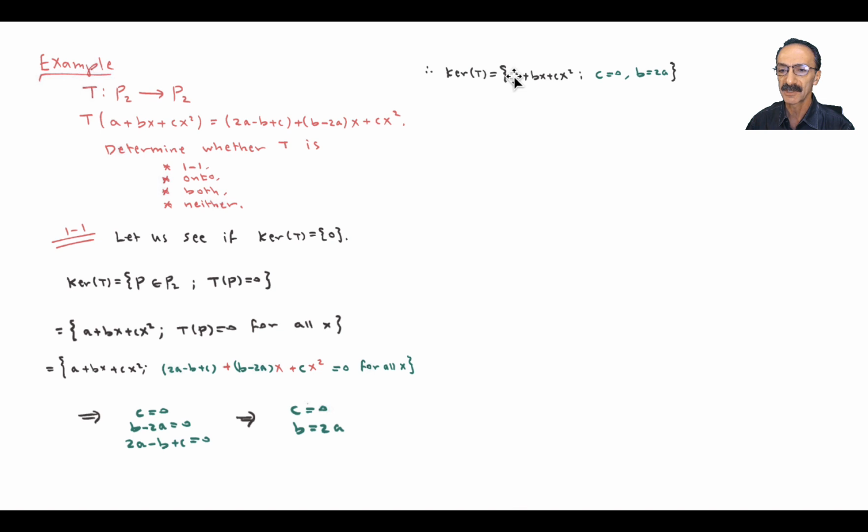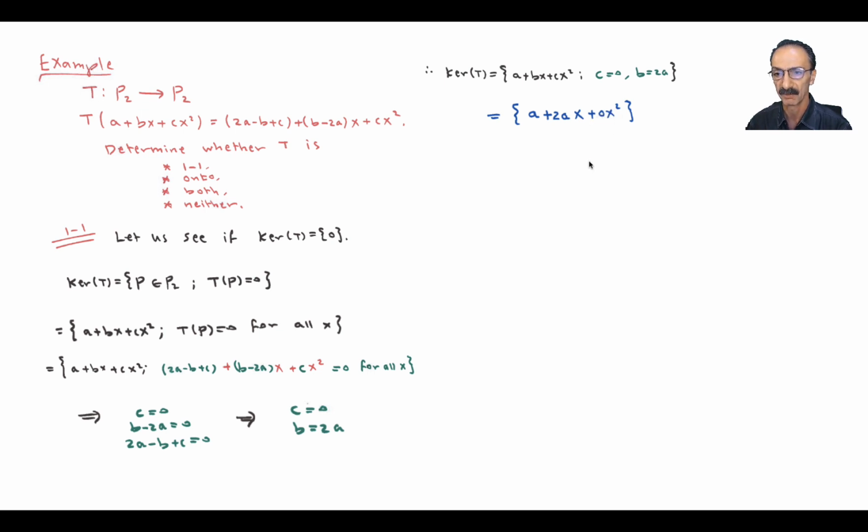So the kernel is a set of vectors in P2 with this condition. c should be 0, so this is going to be gone. And b is equal to 2a, twice a. So we're going to simplify according to these two conditions: a plus 2a x plus 0 x squared. Instead of b, I wrote 2a. Instead of c, I wrote 0.